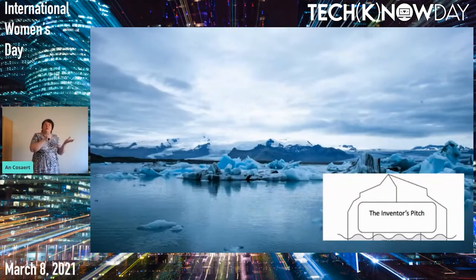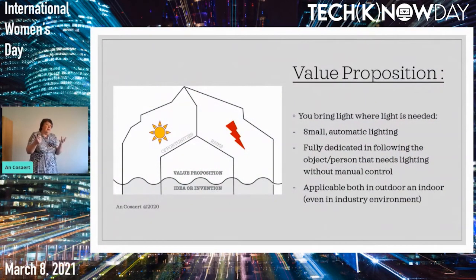And so if we have gone through the comfort zone, the stretch zone and the panic zone, and we have answered all the questions, we come with a value proposition. The outcome of the exercise is that we now can say that our idea is not, we want a light that follows us everywhere we go. No, we say we want to bring light where light is needed.